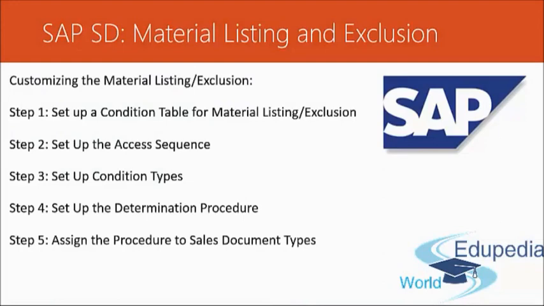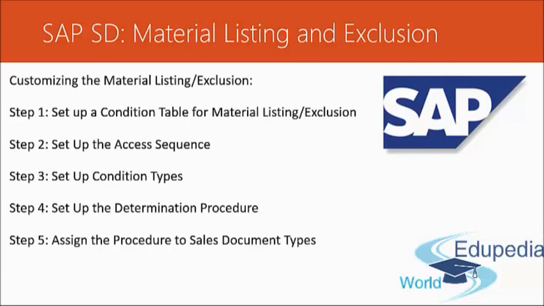So now we have successfully learned about all steps in customization for material listing and exclusion. The first step, we successfully set up a condition table for material listing exclusion. After that, we set up the access sequence.